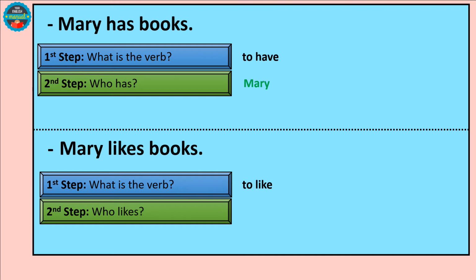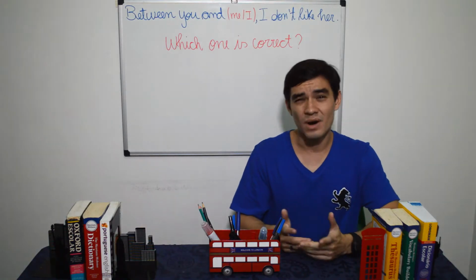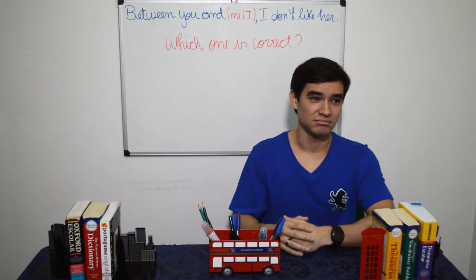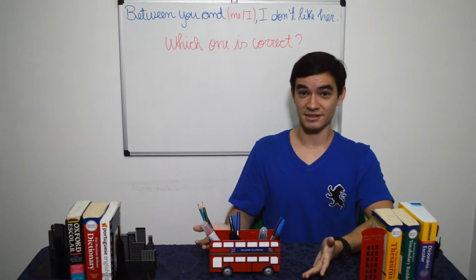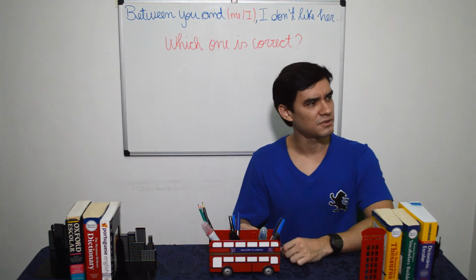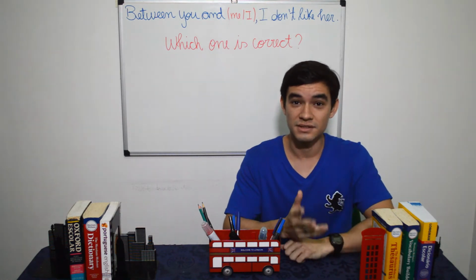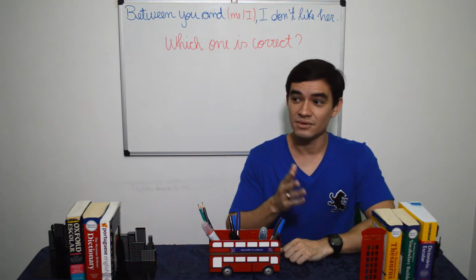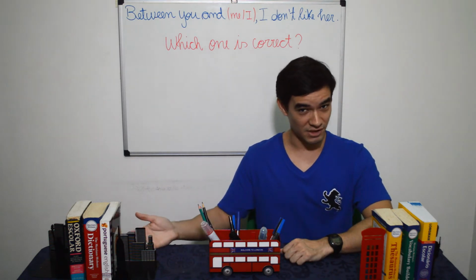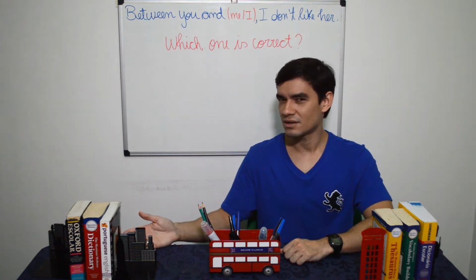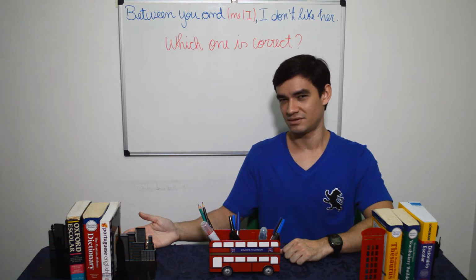Second step, who performs the action of liking? Mary. Then, the subject of the sentence is also Mary. So, why repeat Mary? Let's use a pronoun in its place. But what pronoun? Well, if Mary is the subject of the sentence, we have to use a subject pronoun. And what are the subject pronouns?